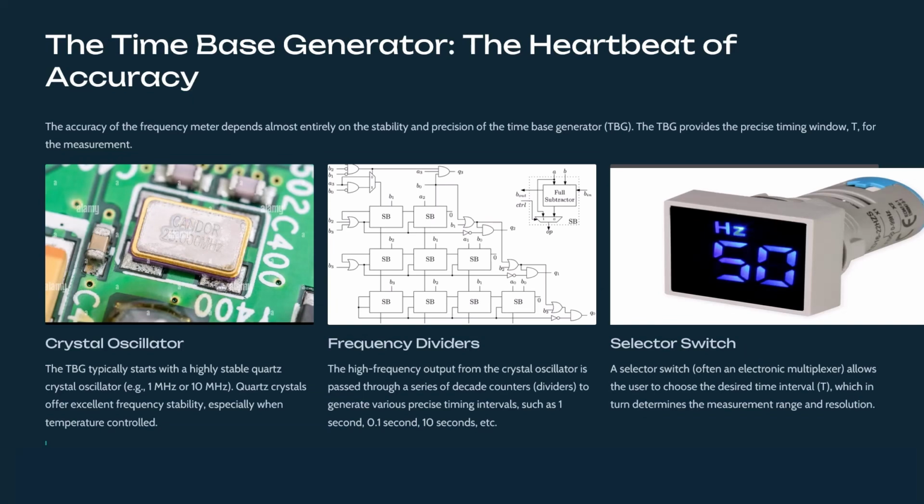Here the time base generator is the heartbeat of accuracy. The accuracy of the frequency meter depends almost entirely on the stability and precision of the time base generator. In short, TBG. The TBG provides the precise timing window.